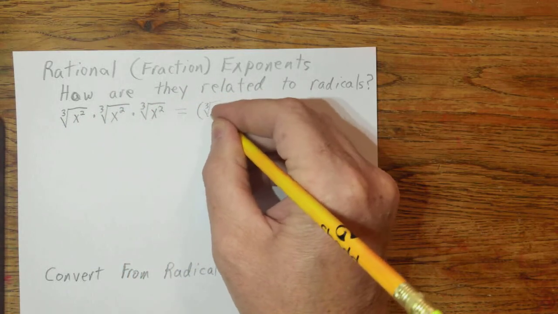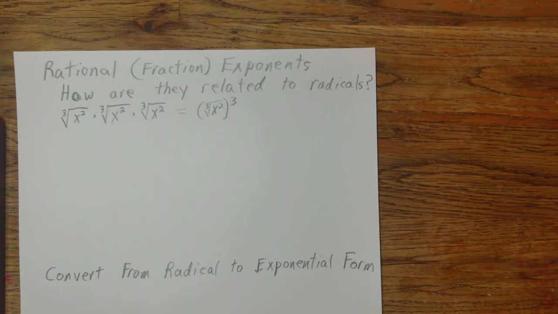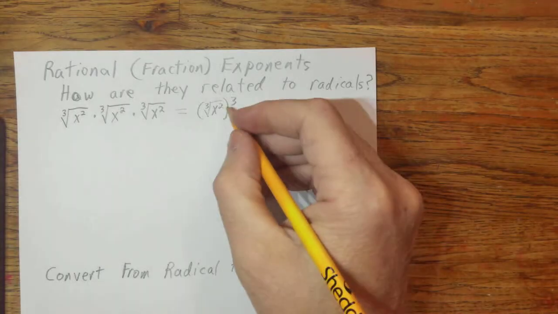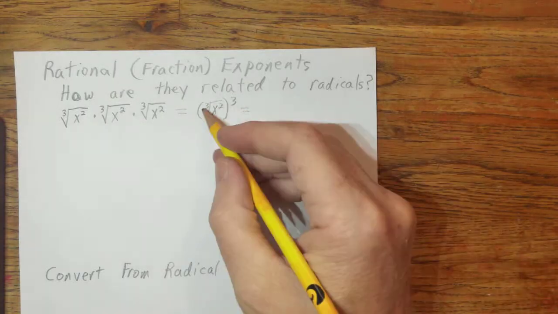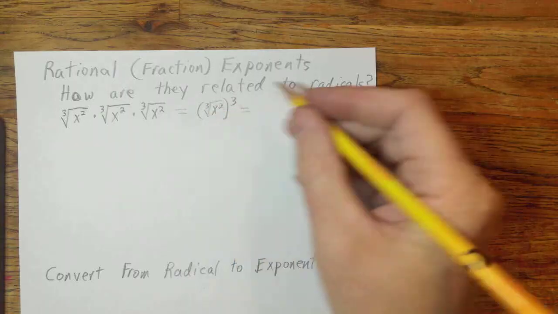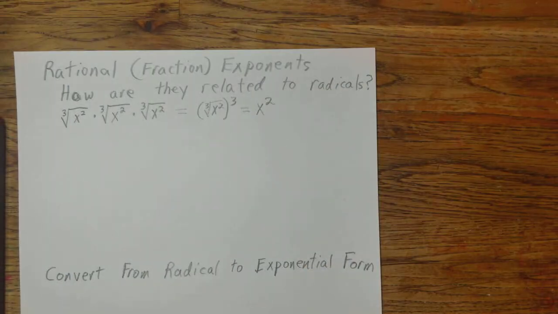So I might write it with this exponent: the cube root of x squared to the third power. When we have this, the cube and the cube root cancel out, so this is just equal to x squared. And this is the simplifying we've been working on previously.